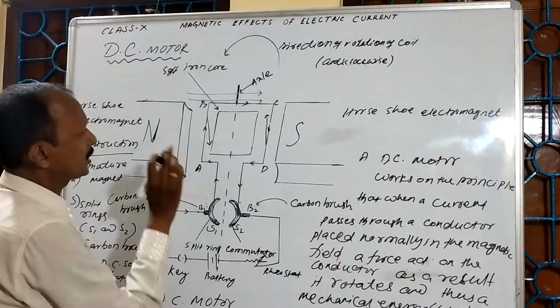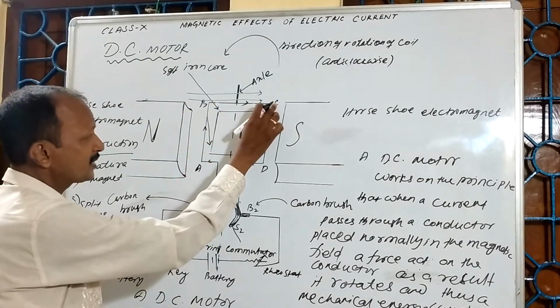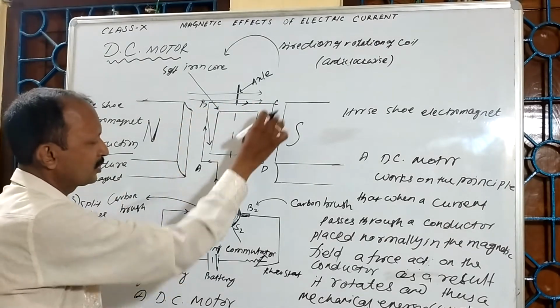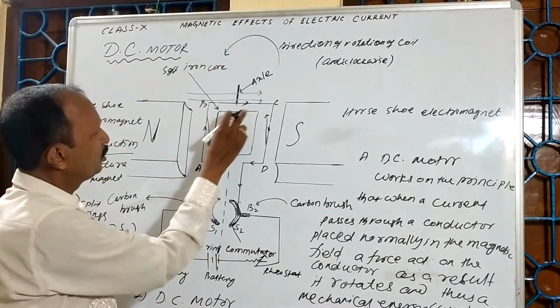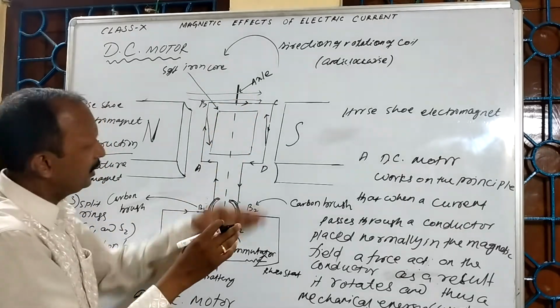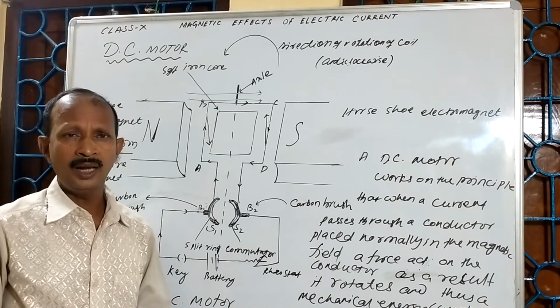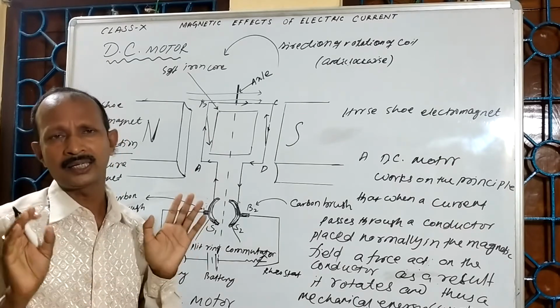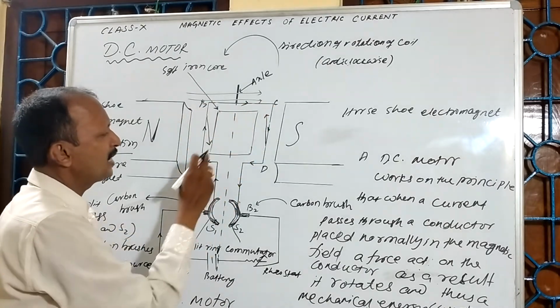So, in this case, let us see BC and AD. These are the arms of the rectangular coil, you can say. In these arms, you see that direction of current and direction of magnetic field are both parallel. We know that if both are parallel, no force will act. So, we are not worried about BC and AD.